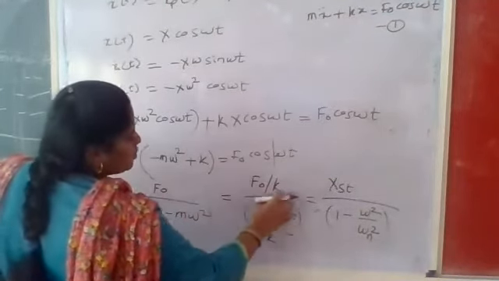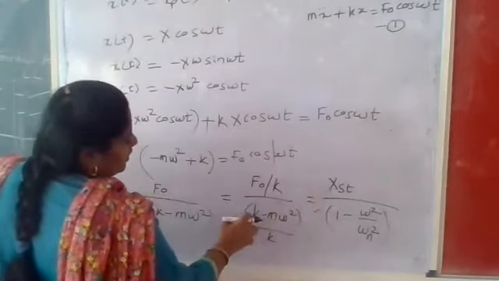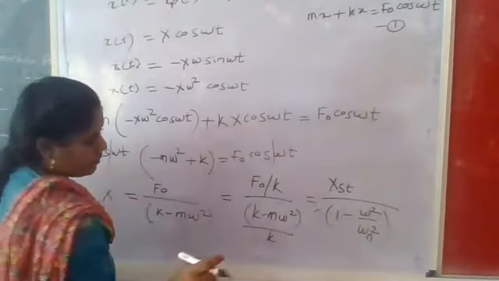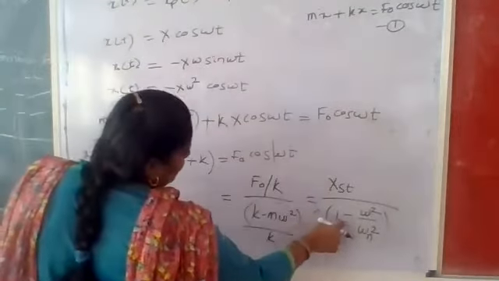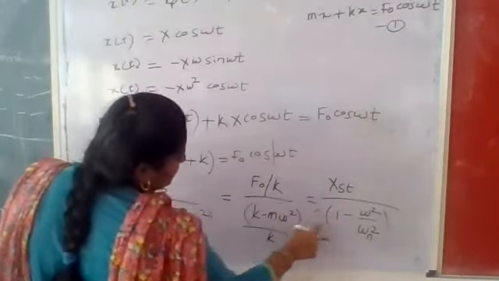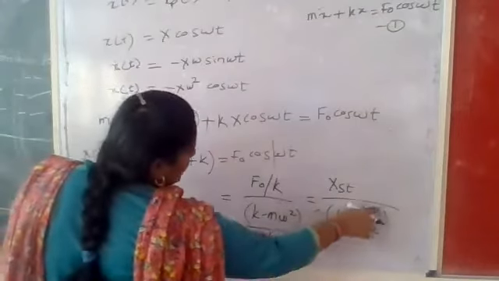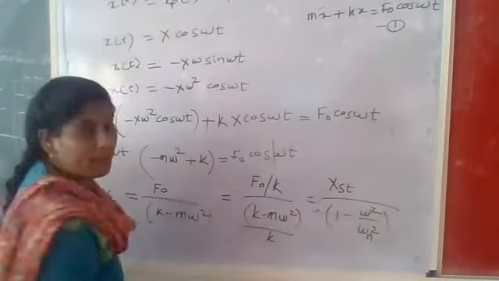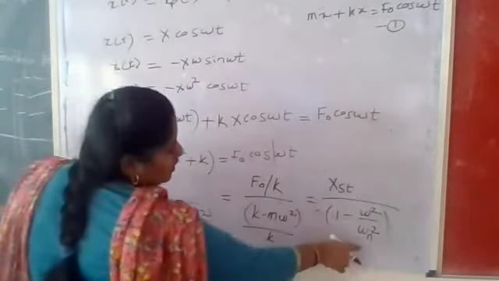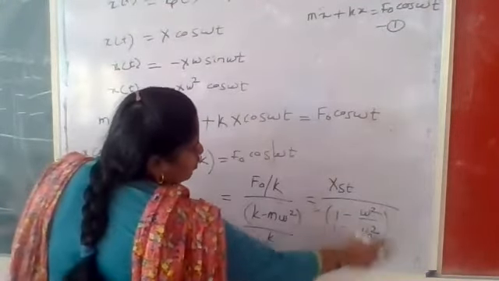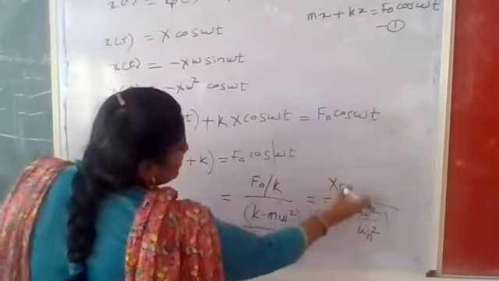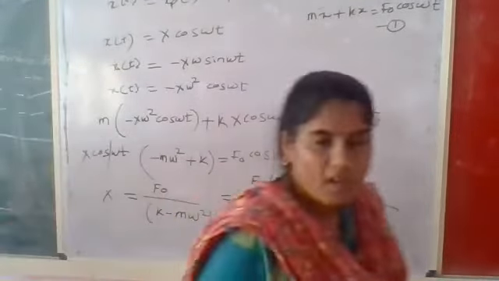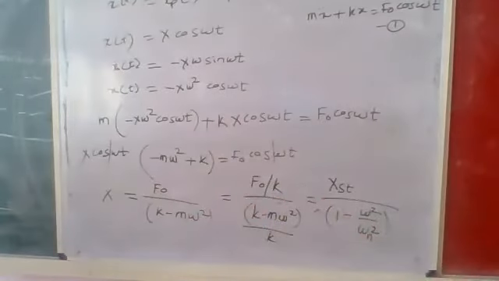F naught by k is x static, and k by k is 1, minus omega square divided by k by m, where k by m is omega n square. So this equation becomes x static divided by 1 minus omega square divided by omega n square.